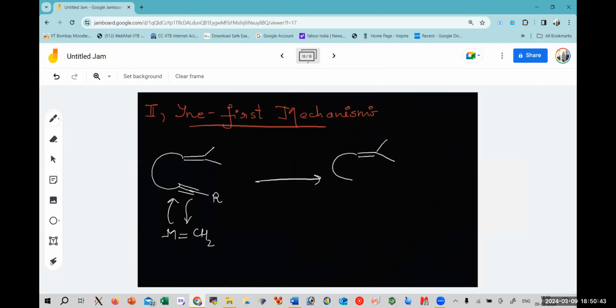This way we are going to form the intermediate. Alkene remains as it is. This is R, this is M, and now new bond formation between this one. It would be metal. This is the particular way, and here it is having a double bonded system with R, right?